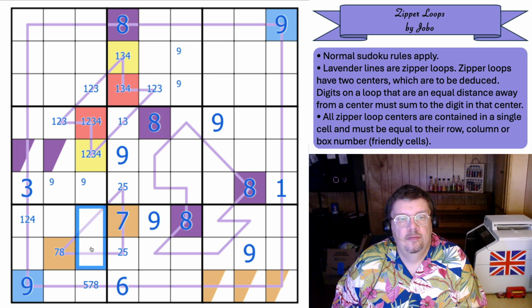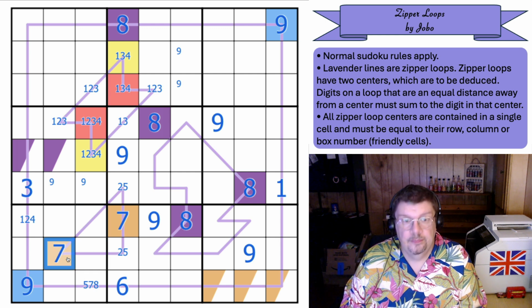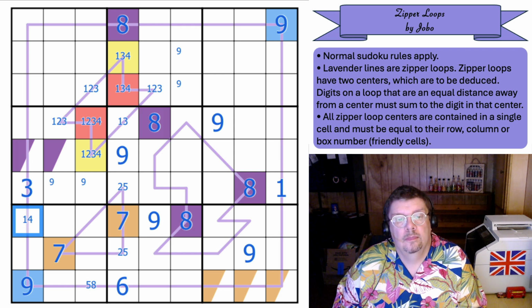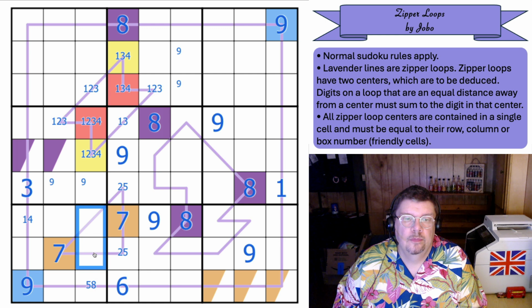Okay, these two, oh, that's a 7. So that's not 7. So that's not 2. These two could be 1, 6 or 2, 5.